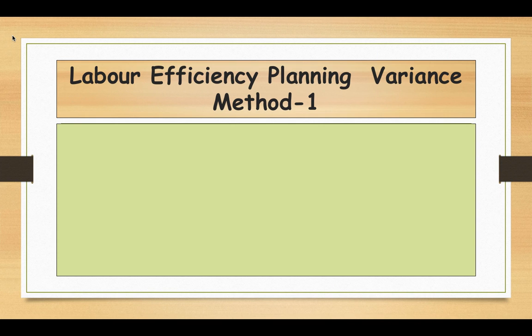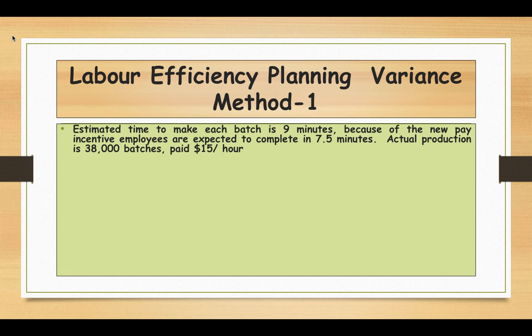So we are going to calculate the labor efficiency planning variance under method 1. We'll quickly have a look at the question. Estimated time to make each batch is 9 minutes. Because of the new pay incentive, employees are expected to complete in 7.5 minutes. Actual production 38,000 batches and paid $15 per hour.